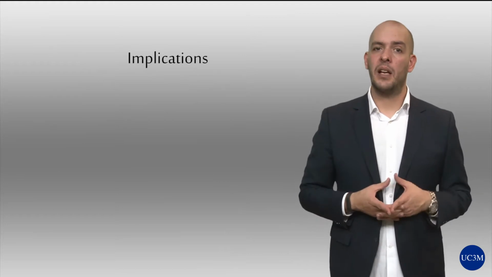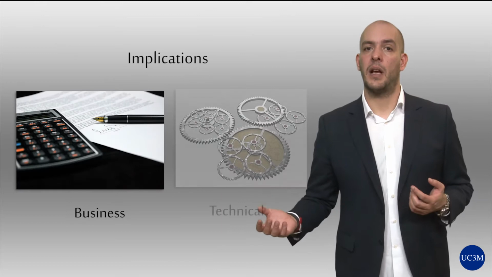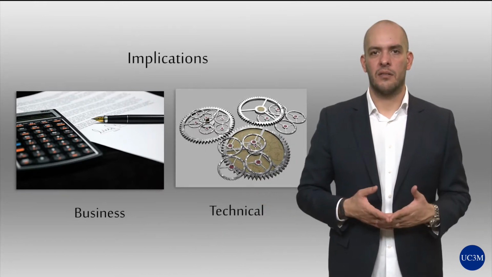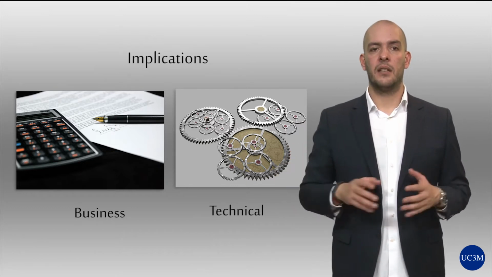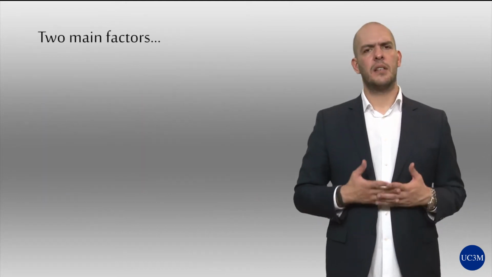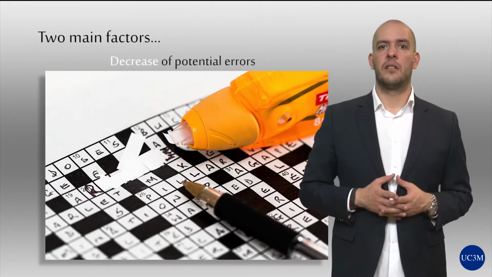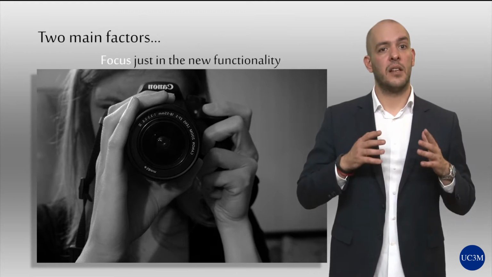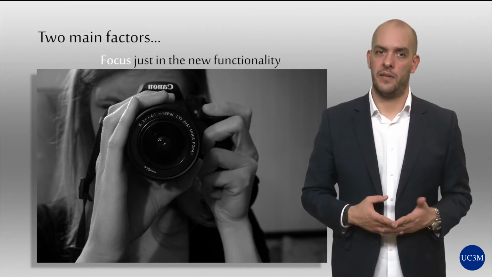There are several implications that can be understood from business and technical perspectives, and they will lead us to see the creation of new software as a collaborative activity among existing software artifacts. The main goal of this activity will be to decrease the potential errors, to focus just on new functionality, the one that we want to deliver.